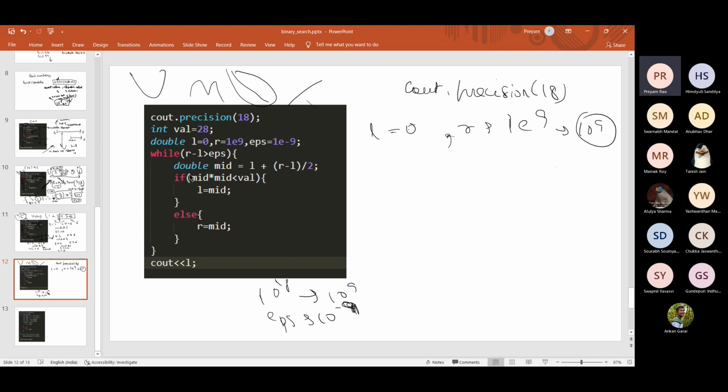So actually, binary search with real numbers is counterintuitively easier since we don't really have to worry about bounds. Notice before we had to worry if it's from L to R, or from mid to R, or mid plus 1 to R. Right now, we don't have to worry about any of that. We'll simply do mid is equal to L plus R by 2.